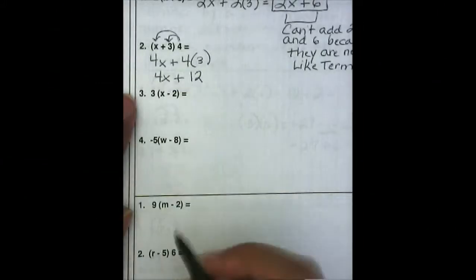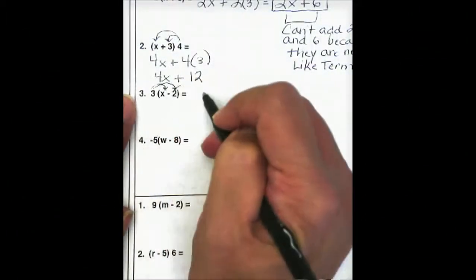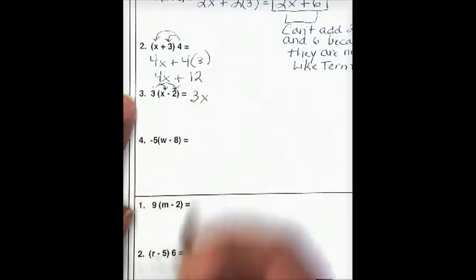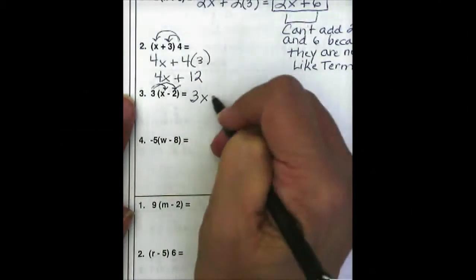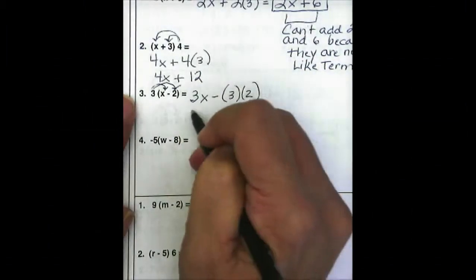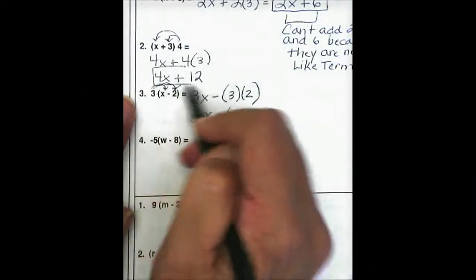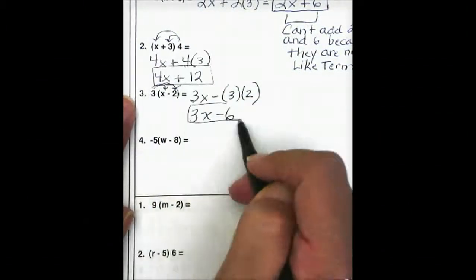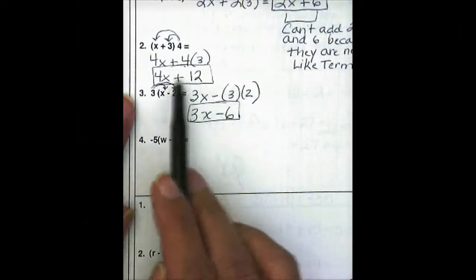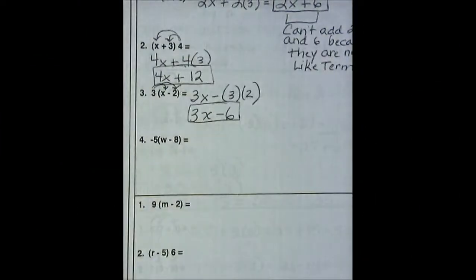So number 3, we're going to take the 3 times the x minus the 3 times the 2. So 3 times x is 3x minus 3 times 2, and we get 3x minus 6. Remember that we cannot add those together. We cannot add 4x plus 12. We cannot subtract 3x minus 6 because they are not like terms.